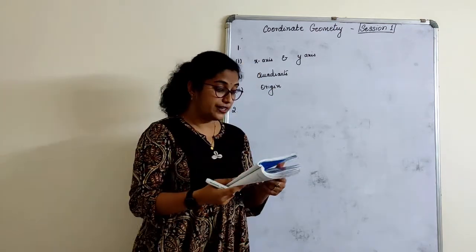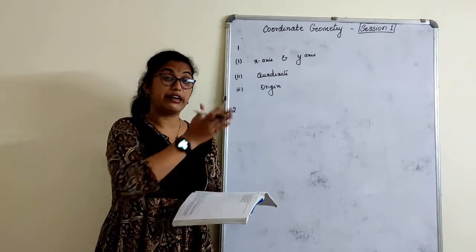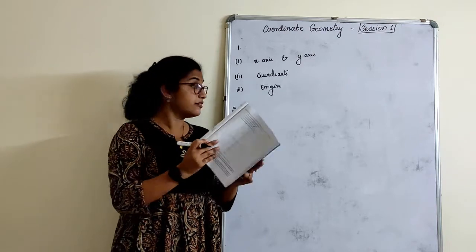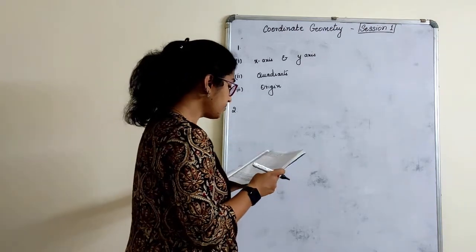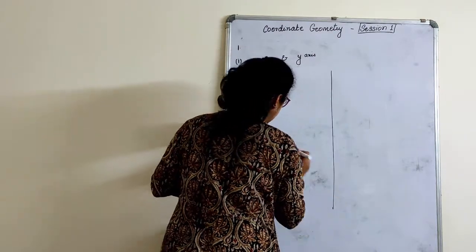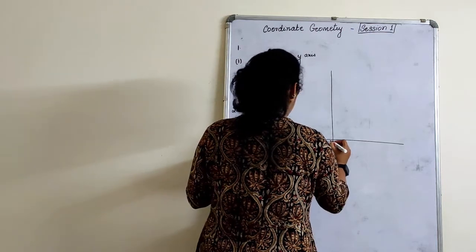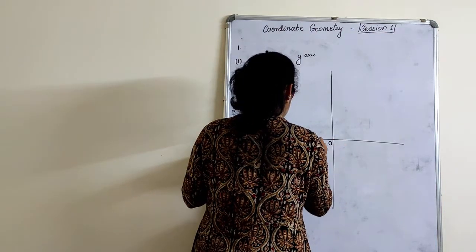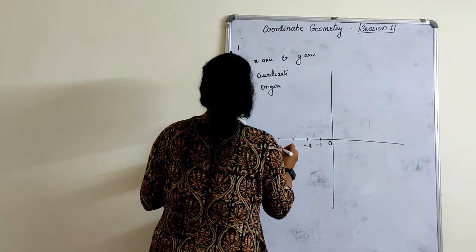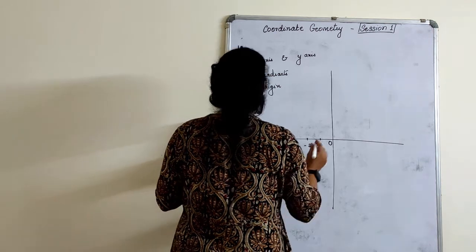Now for the second one, the graph is given in the textbook. You have to draw this graph in the graph portion. So let's go on answering. First I have to draw the graph here to tell you. So first let me draw the graph so that it will be very easy for me also to locate it. So we have here 0, minus 1, minus 2, minus 3, minus 4 and minus 5, which is x dash axis.